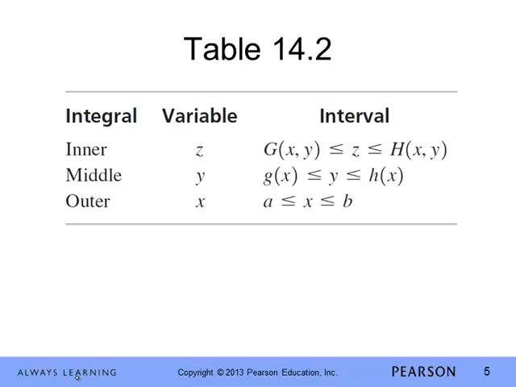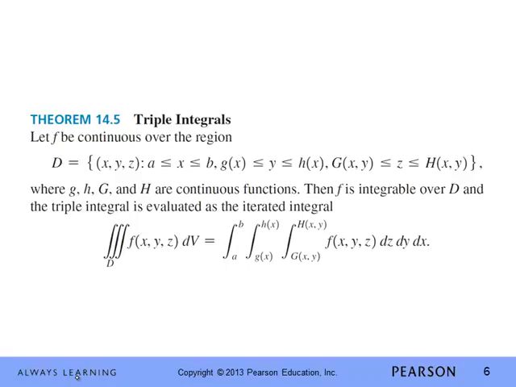The middle integral will have limits involving just one variable, the outer variable, so to speak. And then the outermost integral will have constant limits. Worst case scenario, of course. It very well could be, though, that you integrate over a box, in which case you have constant limits for all three variables.